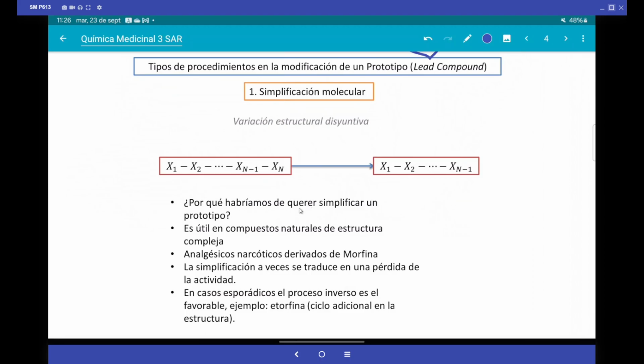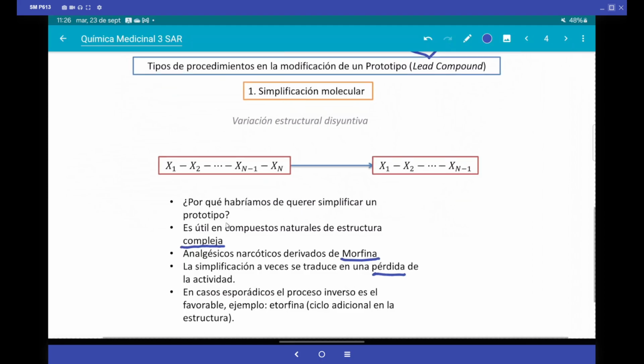Why would you want to modify a prototype? Well, the answer is when the structure is very complex. Example: the classic example, the case of morphine and its derivatives. We can simplify what we want, not always, because sometimes the activity is lost, and in sporadic cases the more complex molecule is favorable.